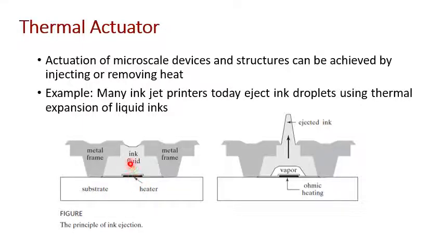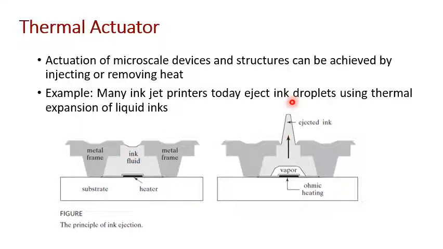It consists of a micro machined fluid chamber with an opening, and there is a micro heater which is embedded on the substrate within the cavity, and when you apply a pulse of electric current, it is going to raise the temperature of the heater, and that is going to produce a vapor bubble. So this vapor bubble is going to squeeze the liquid ink and then eject a droplet.